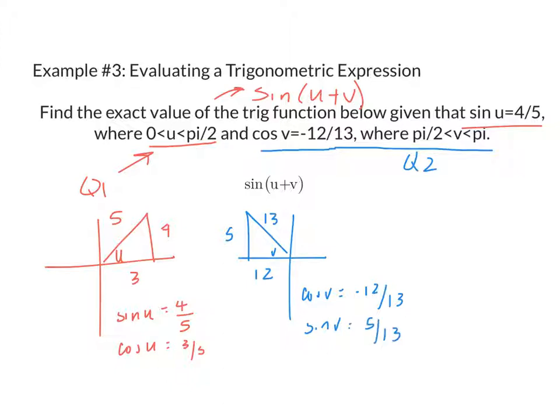So going back, why did I need this in the first place? Well, to be able to solve for sine u plus v, you needed to actually know the value. So sine of u plus v, again, is sine u cosine v plus cosine u sine v.